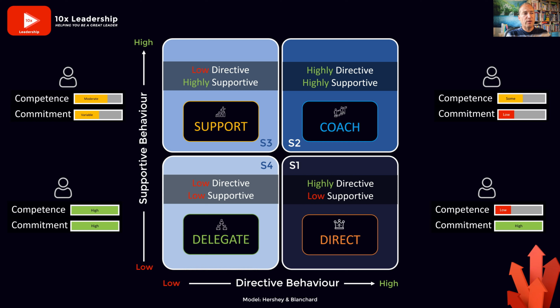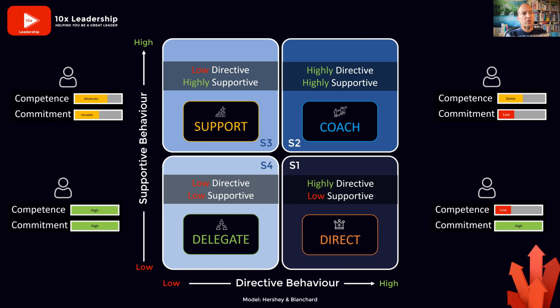So those are the four main leadership styles that will help you go from not understanding what leadership style to use to looking at the situation and applying the right leadership style.